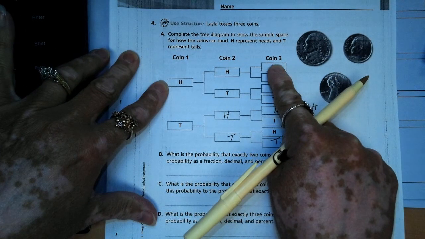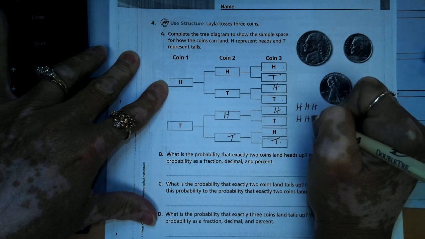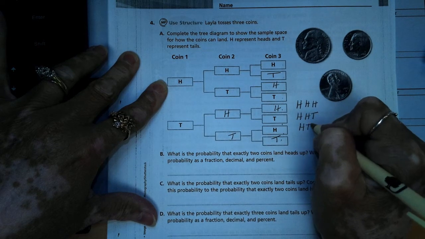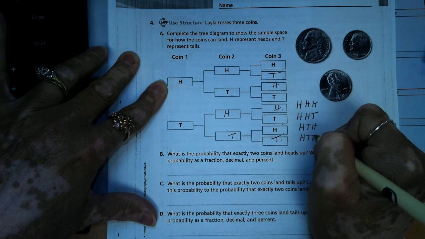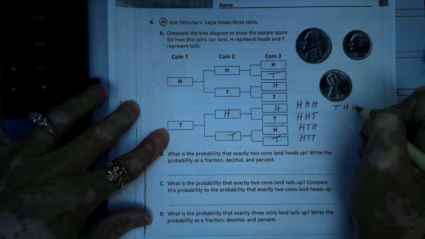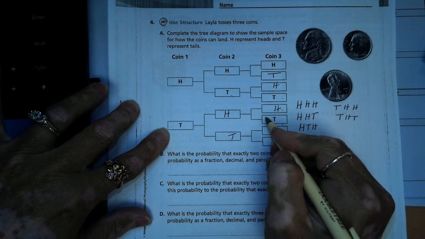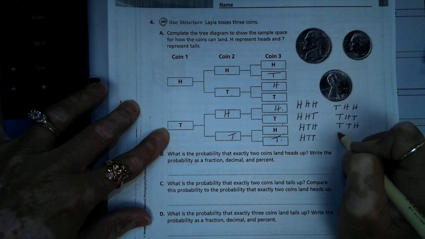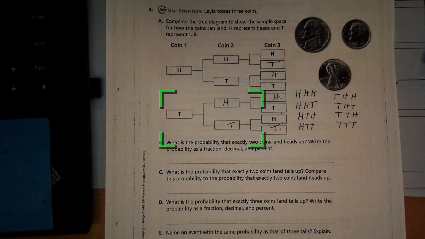So HHH, HHT, HTH, HTT. And then come down here, THH, THT, right? So those are your outcomes. That's what you can have.